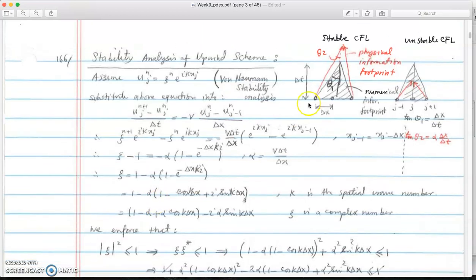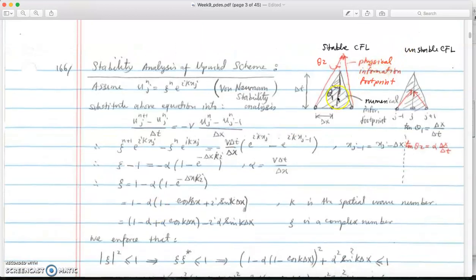And let's look at this graph again. This angle, as we discussed, the tangent of that angle is going to be the numerical velocity, or the mathematical prediction for the velocity. What we are saying is that this angle should be greater than the angle that is coming from the actual velocity.